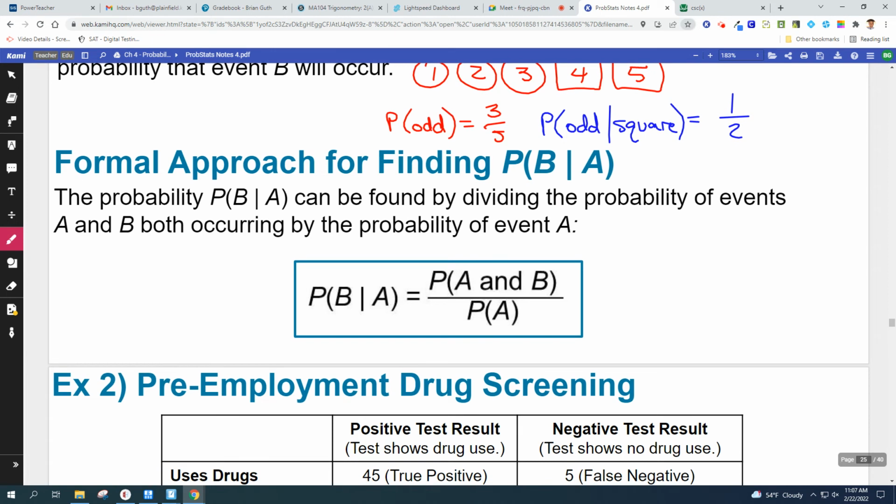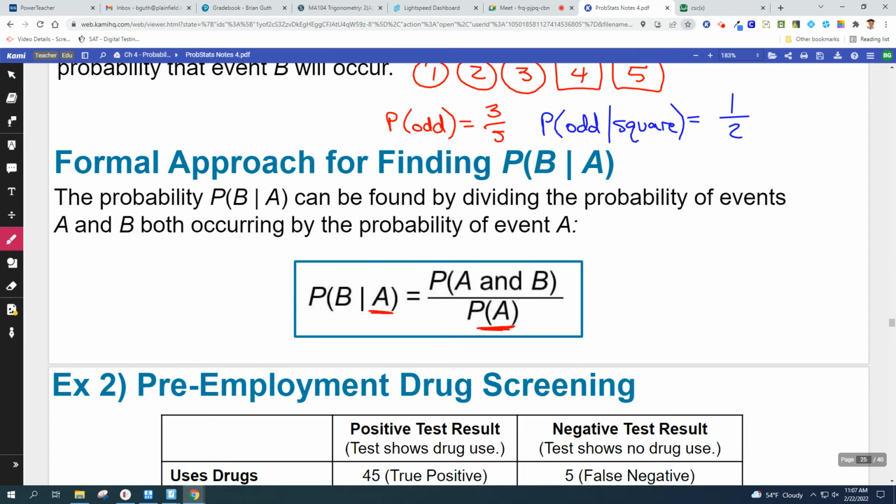So the formal approach is a formula. Probability of B given A can be found by dividing the probability of events A and B both occurring by the probability of event A. So we've got this formula. What you would pay attention to is that this matches with this. Probability of B given A is going to divide by that. It gets kind of confusing. You're like, which one's which?